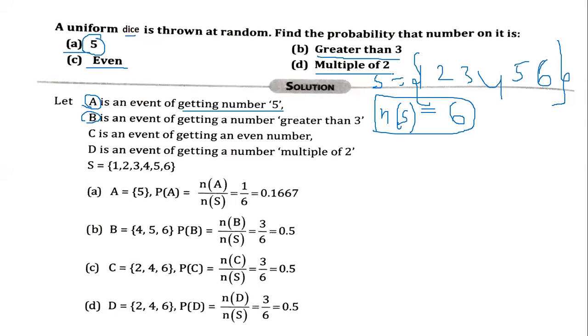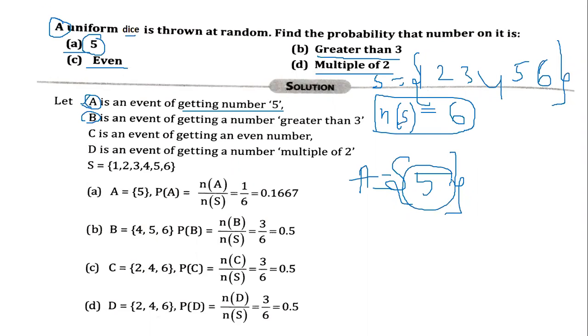Okay. Now after defining the events, let us solve one by one. For the first event, where we are getting number 5, now we are throwing one dice. If you see the question, a uniform dice, a means one dice is thrown, and they're asking us what is the possibility of getting 5, there is only one possibility of getting 5. How did I get to know that one possibility?